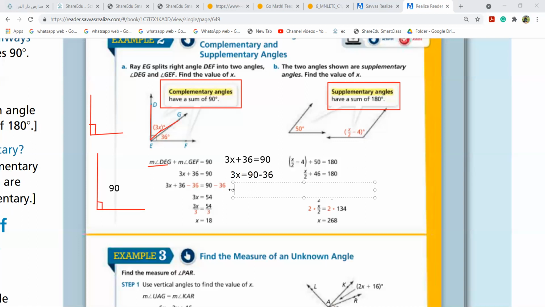What is 90 minus 36? 54, I guess. If I'm not wrong, yes, 54. And then finally you have x equals 54 over 3. Please note down this procedure that I am writing. So x equals 18.